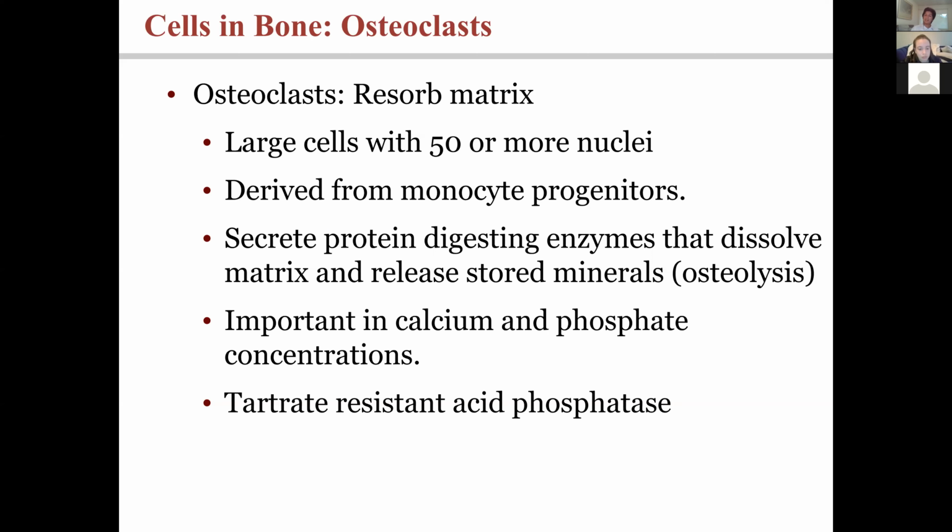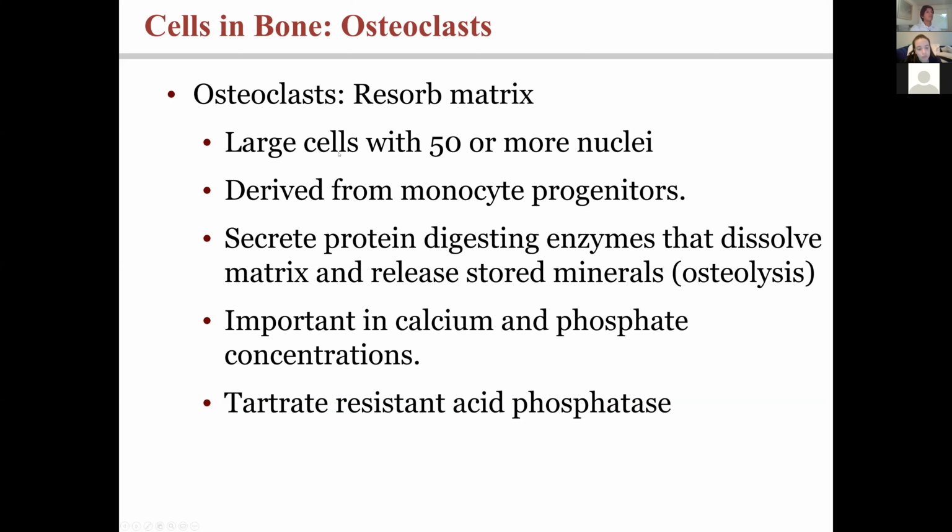They secrete enzymes and acids that allow the resorption of this calcified matrix. This matrix contains calcium and phosphate, so these minerals will enter the circulation, therefore increasing levels of calcium and phosphate within our blood.